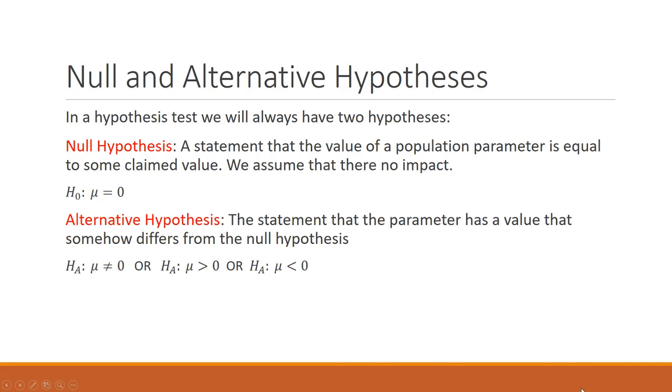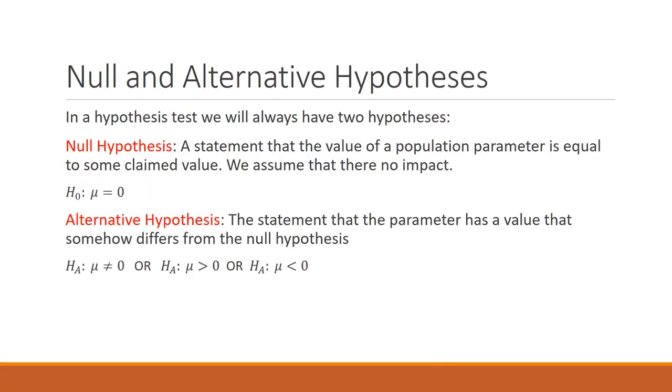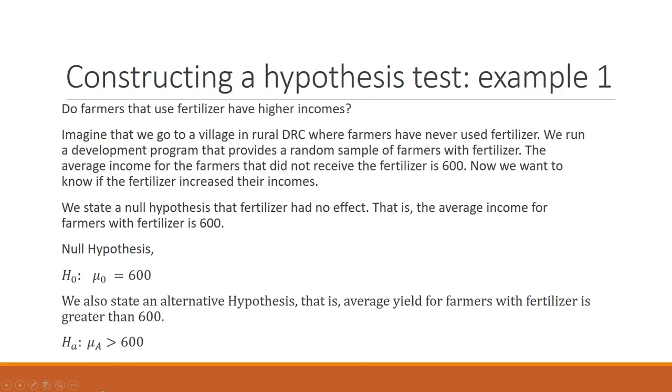Usually the alternative hypothesis is the one that we think is true, the one that we're testing. If I'm making the claim that fertilizer increases farmers' yields, my null hypothesis would be fertilizer does not increase farmers' yields, and my alternative hypothesis would be fertilizer increases farmers' yields. And then we're going to see whether we can reject or fail to reject the null hypothesis. We'll see that in a minute.